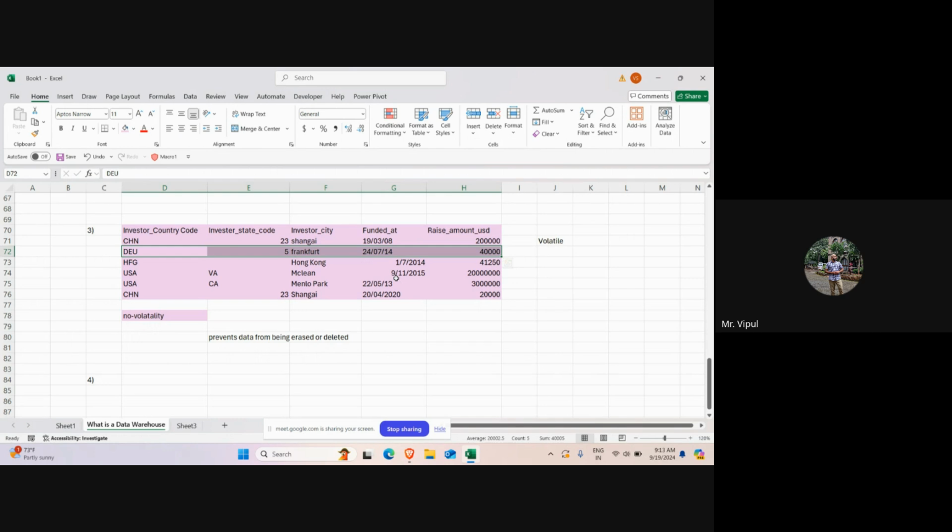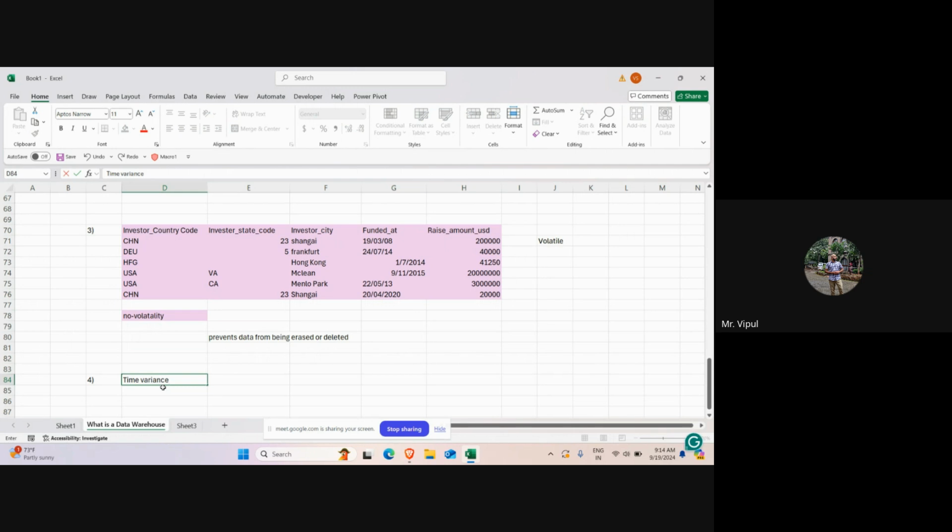On the other hand, if the same investor invested in the same company some time later, we are allowed to add that data to build historical information about that investor. So there you have it, a full definition of a data warehouse.